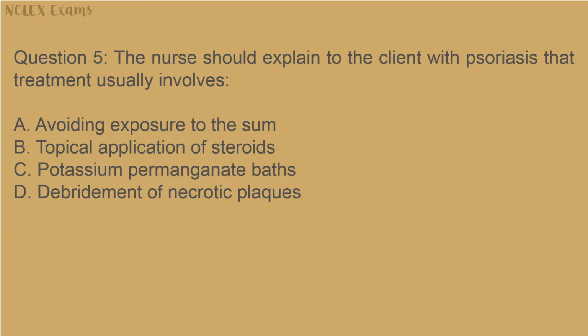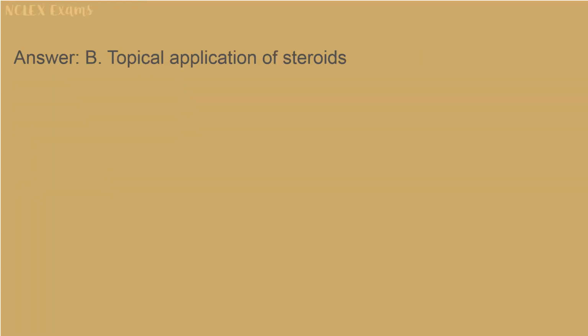Question 5. The nurse should explain to the client with psoriasis that treatment usually involves A. Avoiding exposure to the sun. B. Topical application of steroids. C. Potassium permanganate baths. D. Debridement of necrotic plaques. Answer: B. Topical application of steroids.